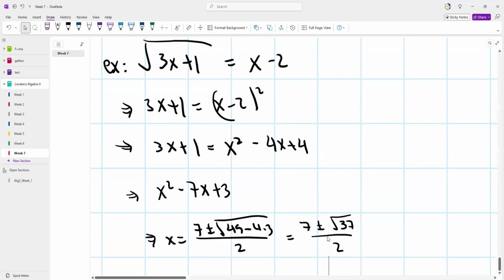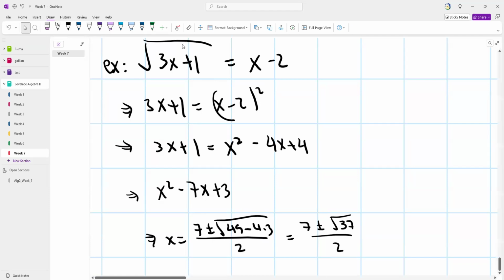So 7 minus the square root of 37, we know that the square root of 37 is about 6-ish. So 7 minus 6-ish is about 1, and then over 2, it's 1 over 2. And then we have on the right hand side 1 over 2 minus 2. That's a negative 3 over 2-ish, right?